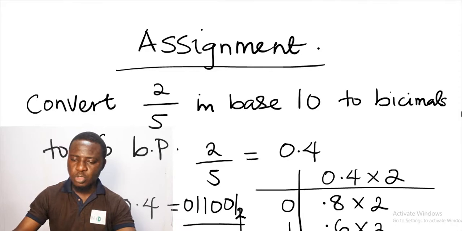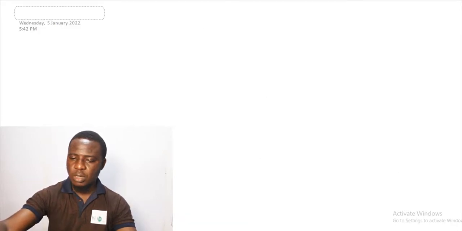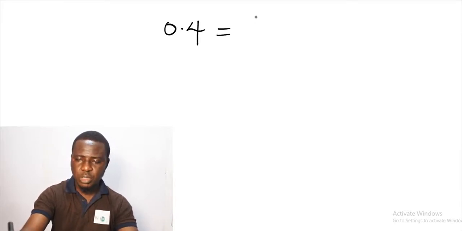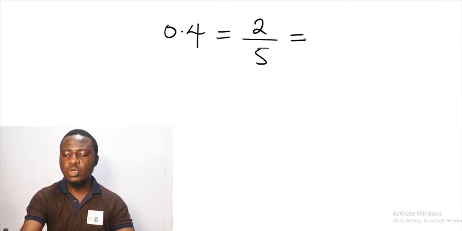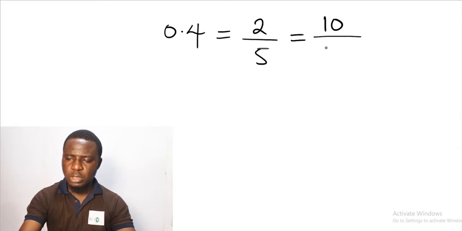I told you I'm going to use two different methods. The second method, which you can use in converting 0.4 to decimal, which is also 2/5, is to convert 2 to base 2. 2 in base 2 is 10, while 5 to base 2 is 101.